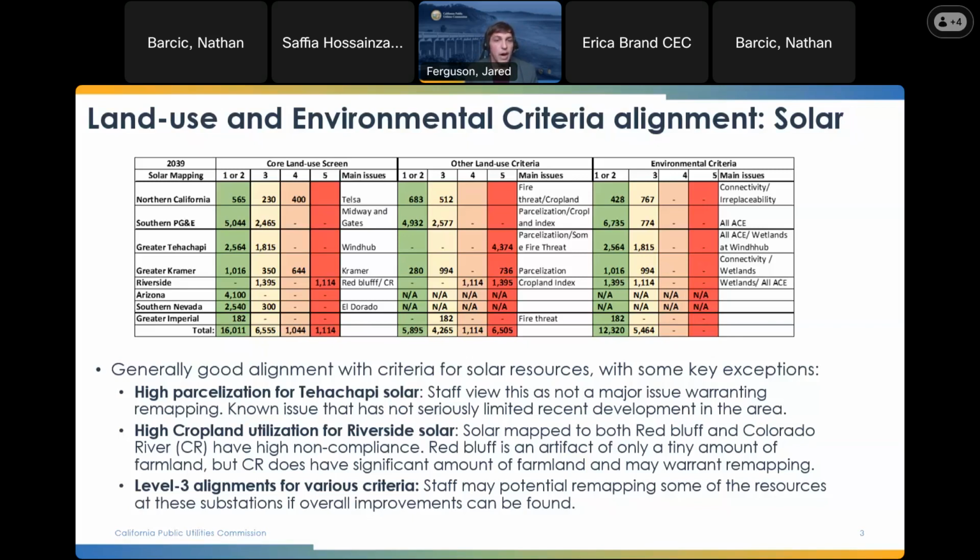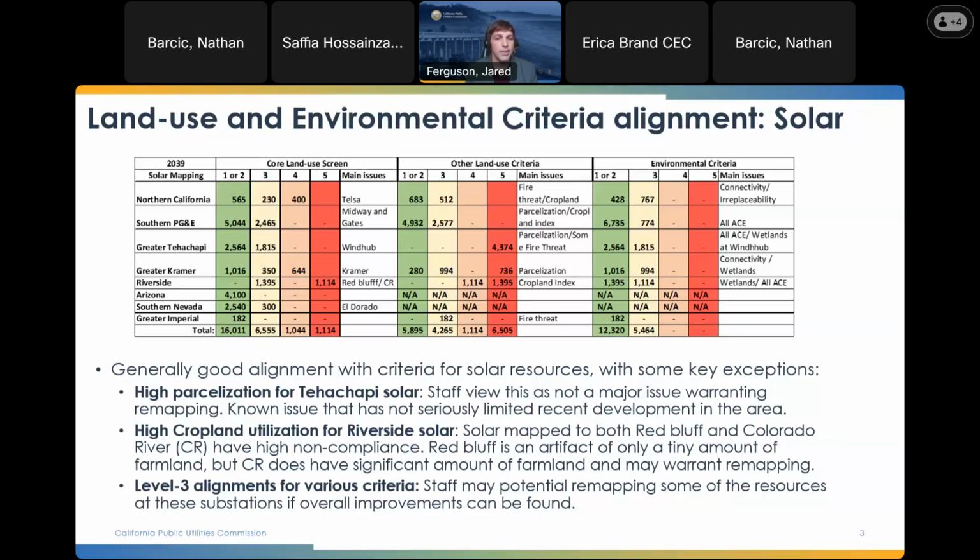For the Riverside area, we have the high cropland utilization at both Colorado River and Red Bluff. At Red Bluff, that high cropland, that level 5 cropland utilization, is an artifact: we have only a tiny amount of farmland picked up in the data set. So, I think it's 12 acres, or a small amount.